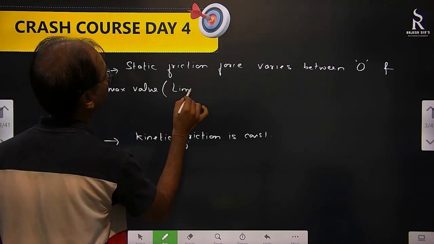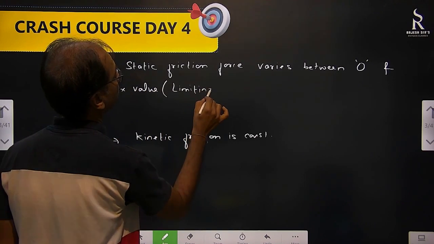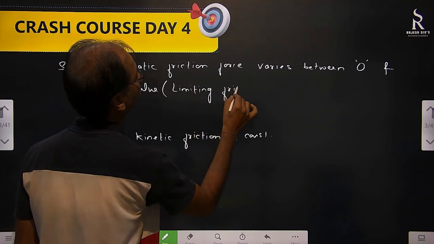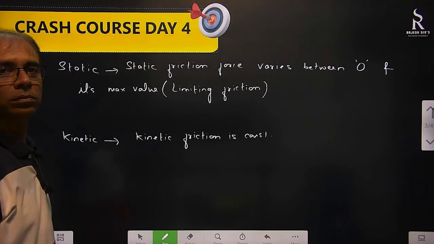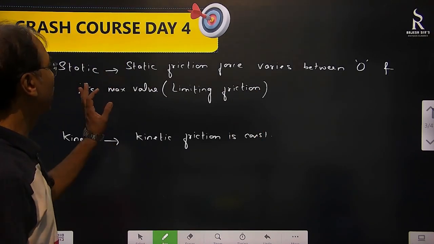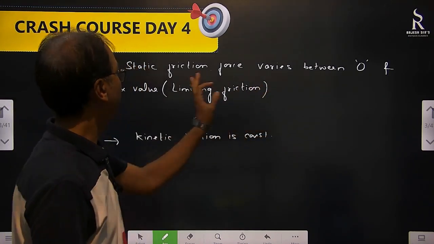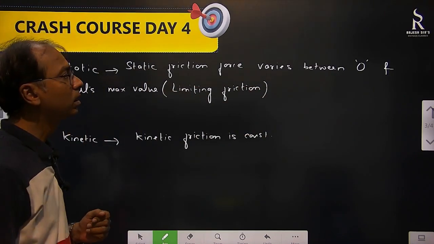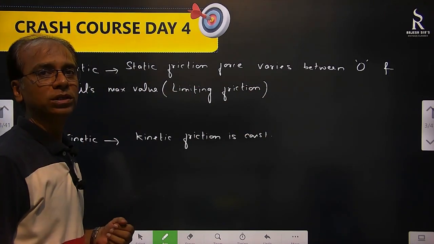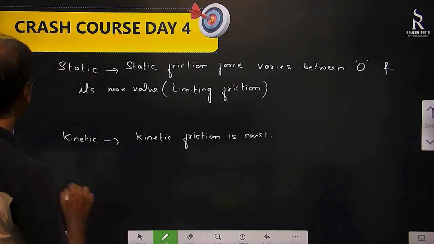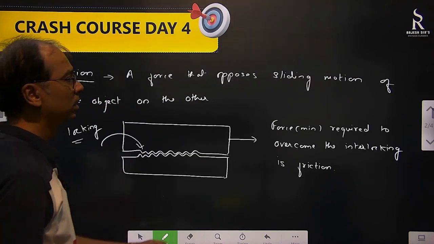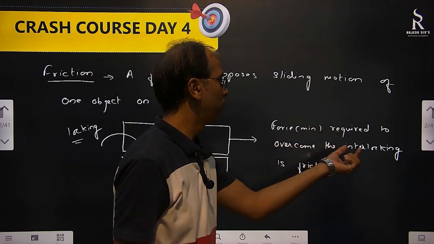Limiting friction. Maximum value of friction we call limiting friction. Okay, so static friction varies between 0 and limiting friction. Now how to decide whether we have to take 0 or limiting friction? Limiting friction is what we define here, the minimum force required to overcome the interlocking.